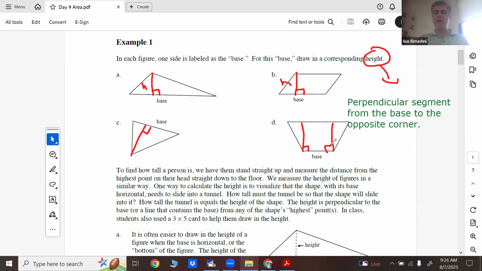And the base is any side you choose, by the way. Usually it's going to be something that's easy to work with. Like for a trapezoid, I would do one of the parallel sides. I wouldn't do one of the slanted ones. That's kind of weird. Actually, I'm not sure how you would even do that. For right triangles, just for right triangles, by the way, what if I had a right triangle? Aren't the legs automatically perpendicular by default?